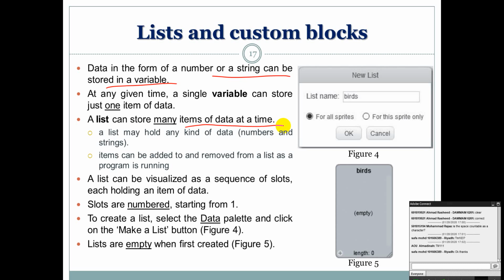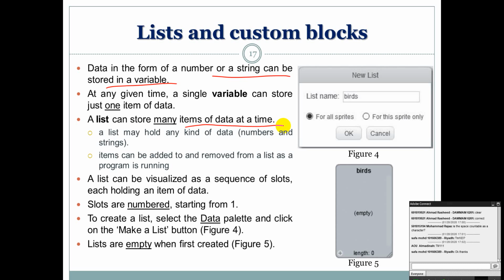A list can store many items of data at a time. A list may hold any kind of data. It can hold numbers, it can hold strings. Items can be added to the list. They can be removed from the list during the running of the program.